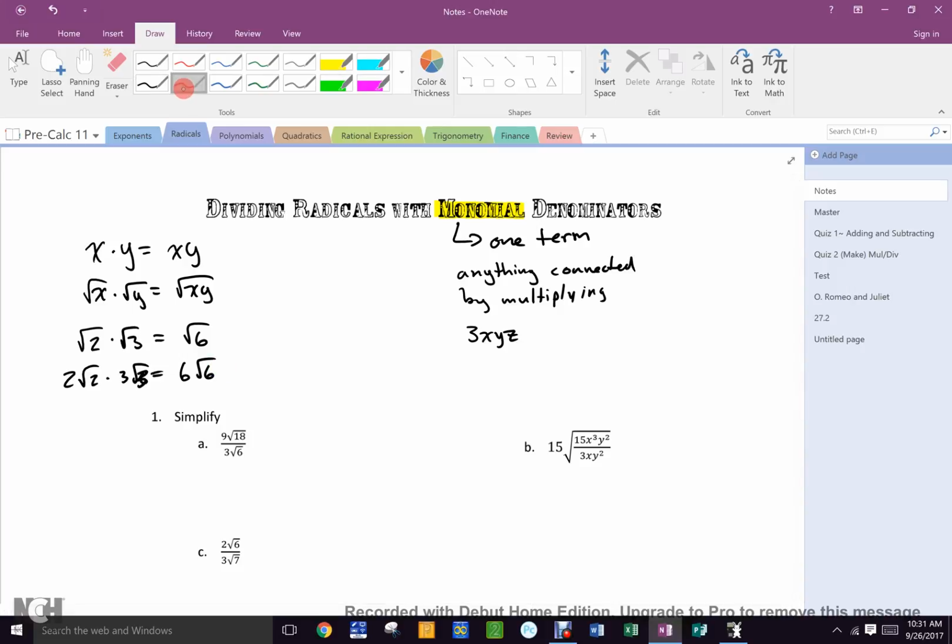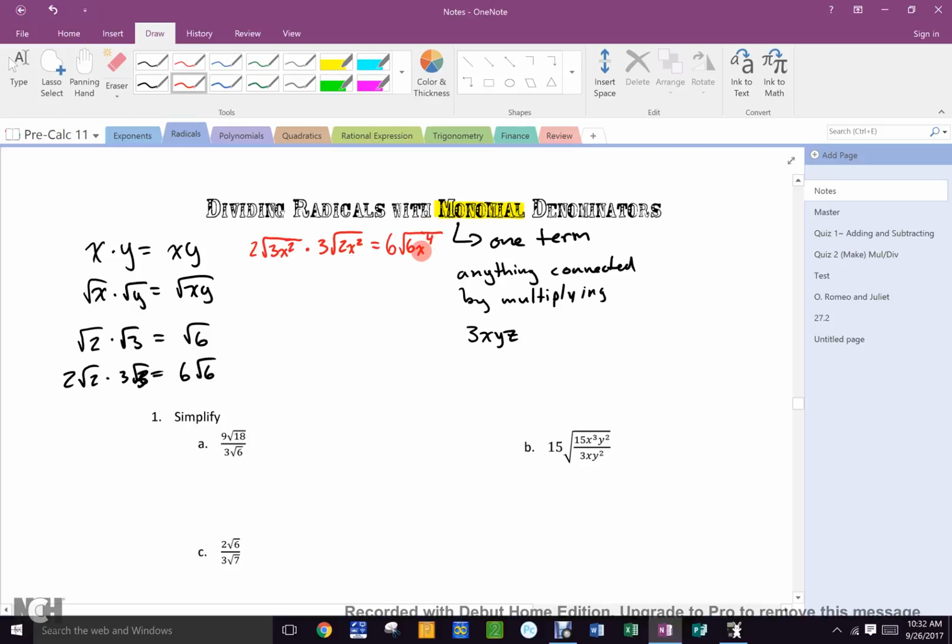Awesome. What then if I switch it up slightly and I ask you for 2 root 3x squared times 3 root 2x squared? What do you think the answer there is? 6 root 6x to the 4th, because x squared times x squared.